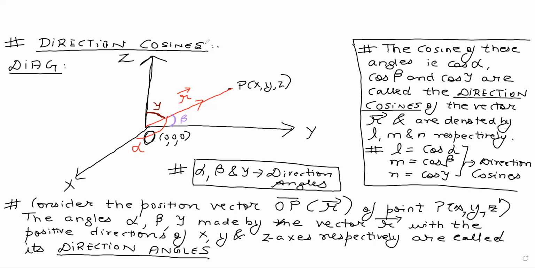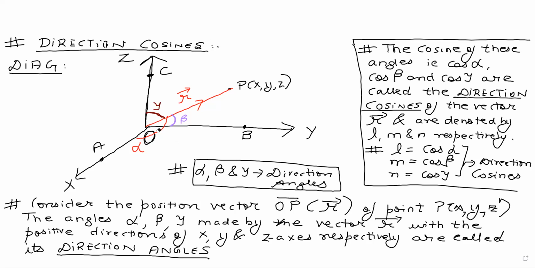Now guys, if I take some points A, B and C, you can see I'm taking some points. Let A be a point on the x-axis, let B be the point on the y-axis and let C be the point on the z-axis. If I join points A and P, now I am erasing some stuff. You know this is the origin. You know alpha, beta and gamma now.